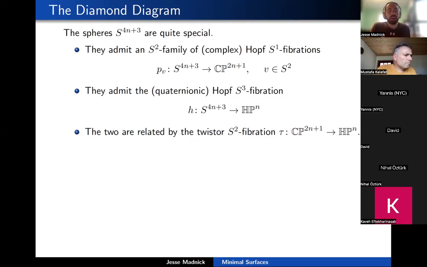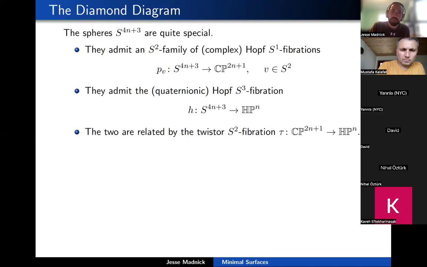But not only that, being odd dimensional spheres, they admit complex Hopf fibrations down to projective space, down to CP odd. But now there's not just one such complex Hopf fibration, there's actually a 2-sphere's worth, which ends up being very important, that there's this family of them.